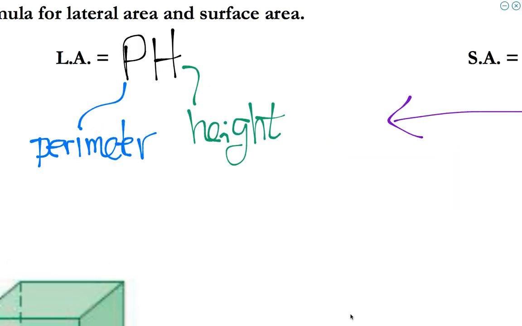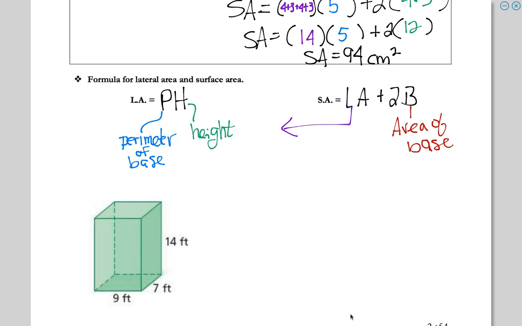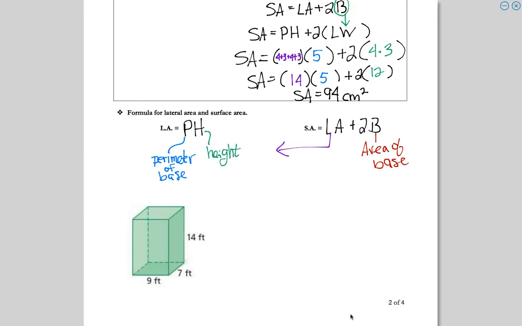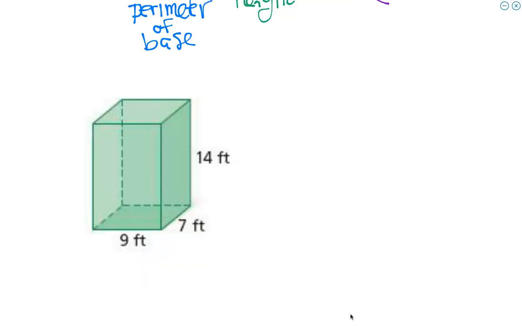I better put in here perimeter of the base. So over there is the perimeter of the base. On the other side, we have area of the base. So let's go ahead and try this again. Again, the base is important, just like last unit. There's the base.